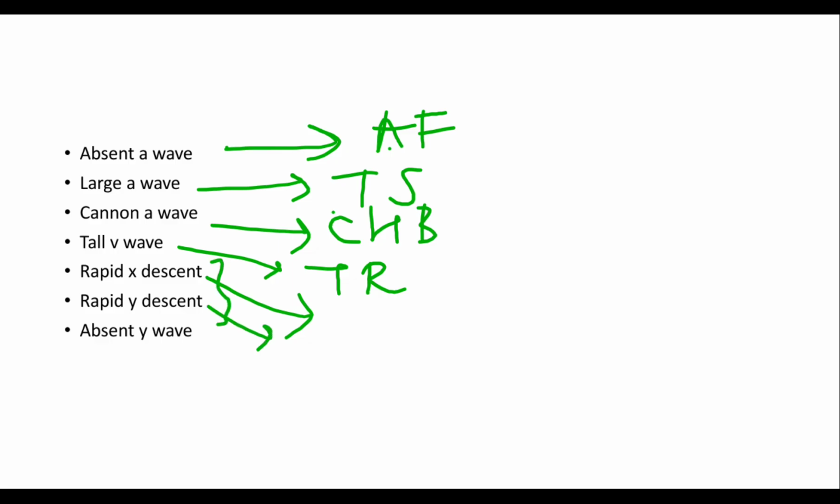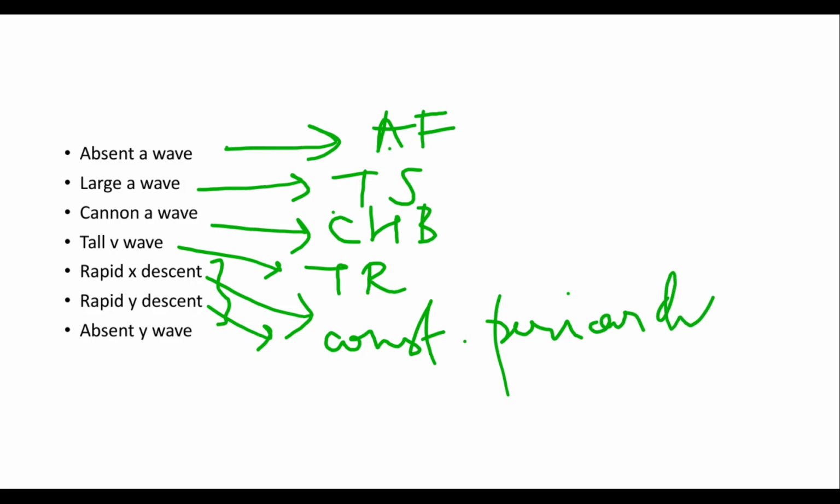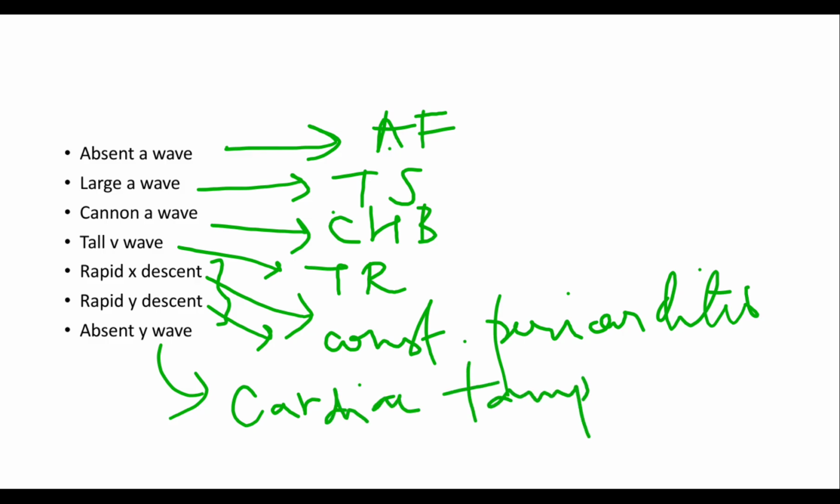This can be seen in case of constrictive pericarditis. Constrictive pericarditis, you can get rapid X and rapid Y descent. Now the Y wave can be absent or flat in case of cardiac tamponade. So in cardiac tamponade also, X descent can be rapid, but Y descent is absent or flat.